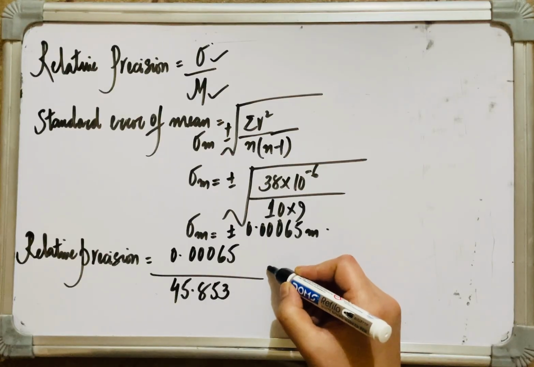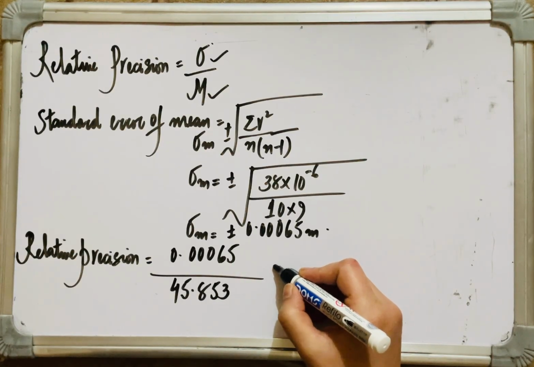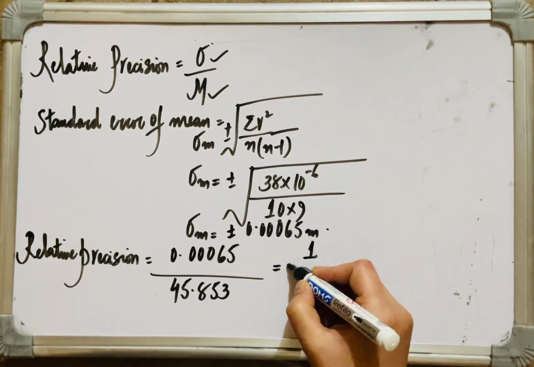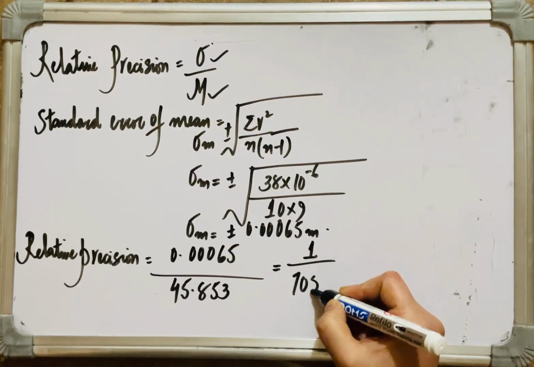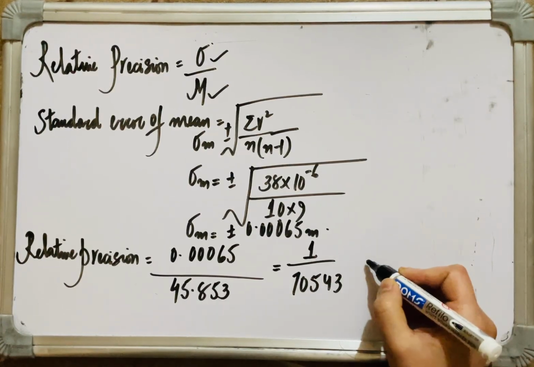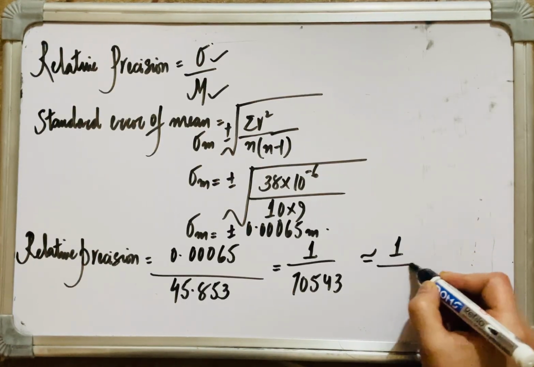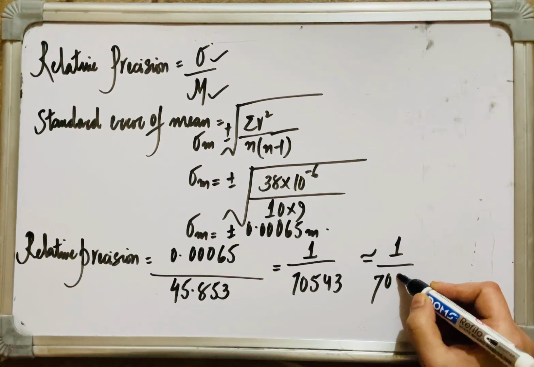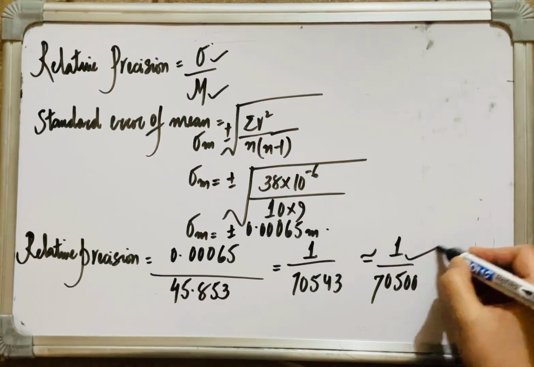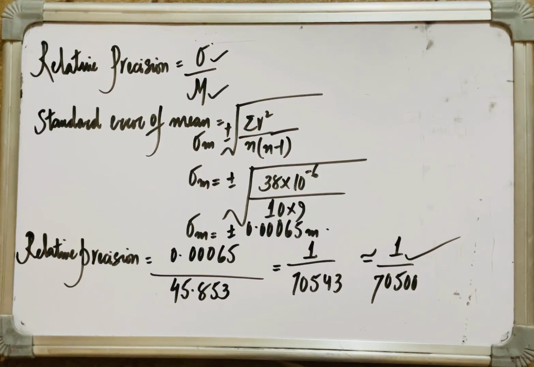By calculations, as we always express our numerator as unity, it is equal to 1 by 70543, but we always round off our denominators, so it is equal to 1 by 70500. So this is my relative precision.